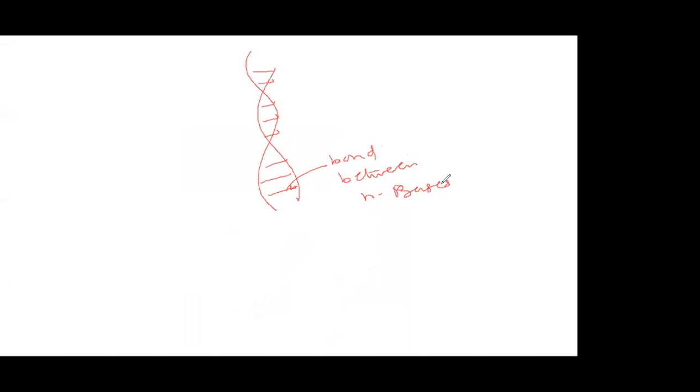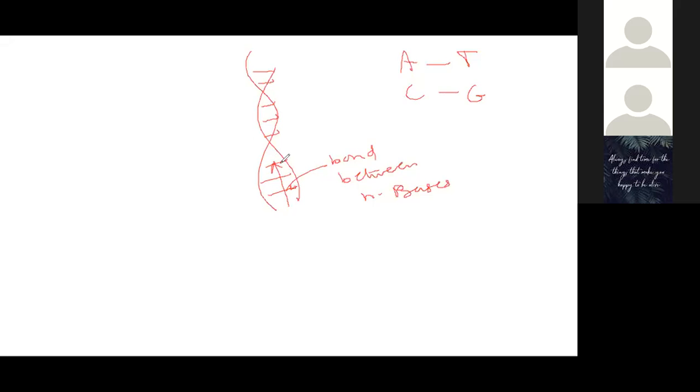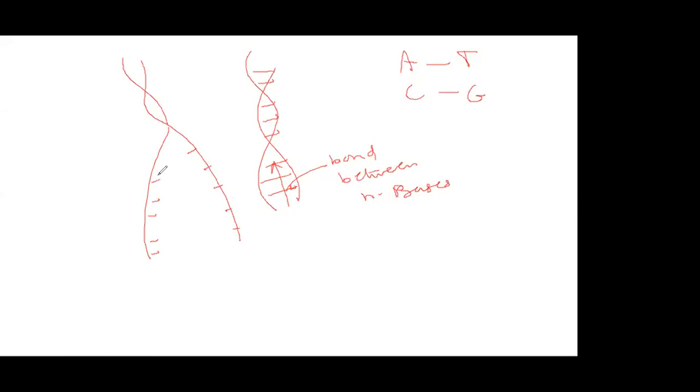As we know, A must attach to T and C must attach to G. That's the base pair rule. So during replication, we're going to break these bonds and set them apart. The DNA molecule will look like this. They moved away from each other, like that. Is it clear, guys?